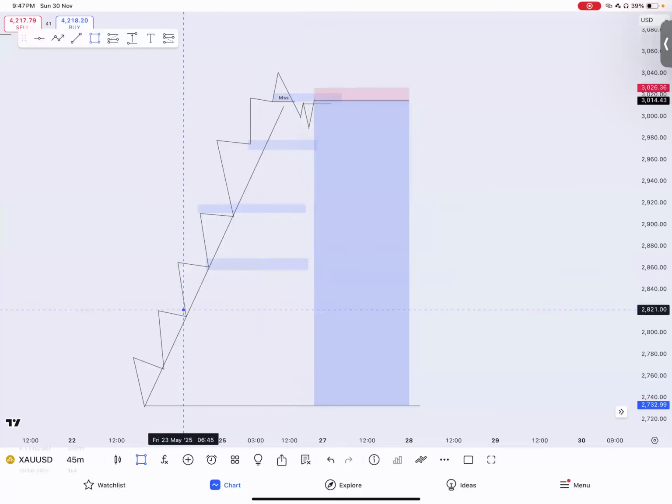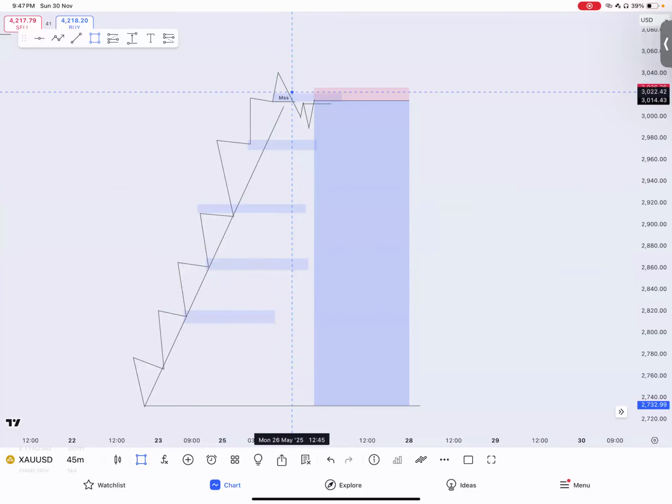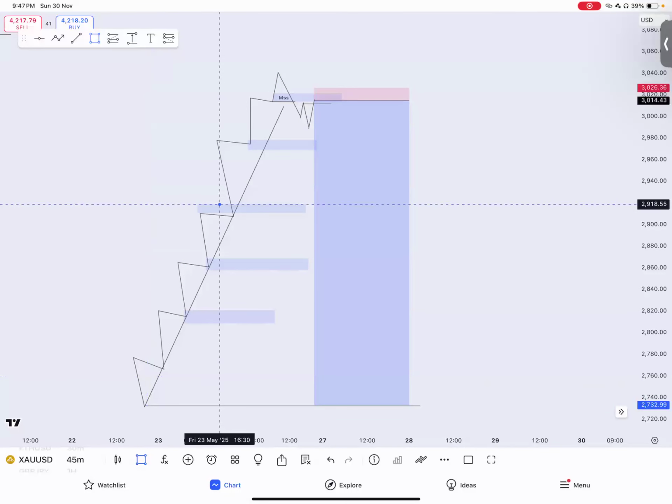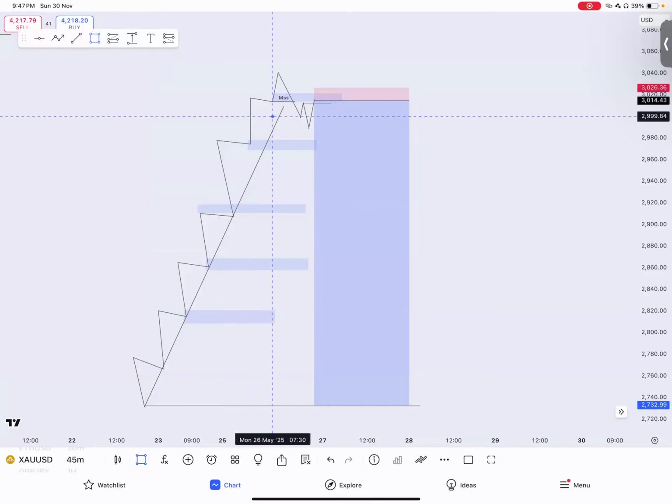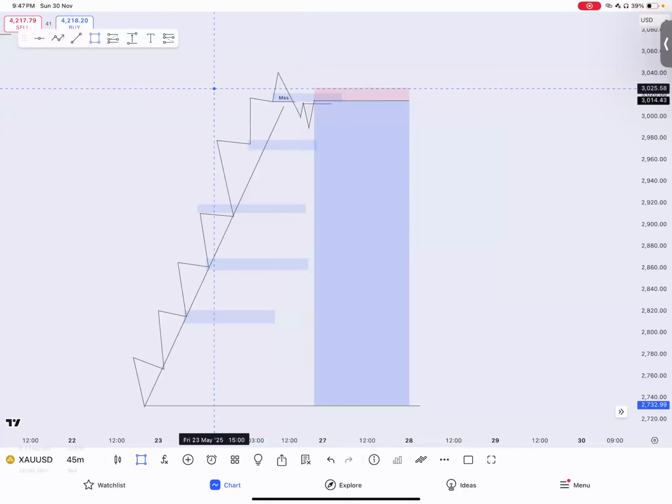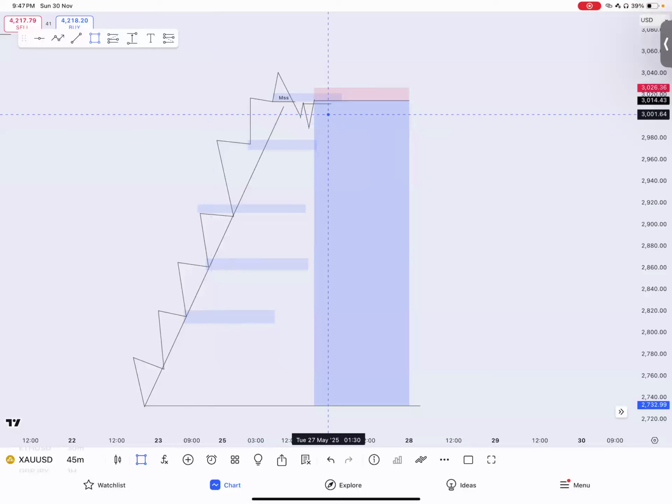Now, the mistake that most people make is that, yes, they see the market has been on a particular trend for a long period of time. Yes, the POIs would have held, but the market already gave a structure shift telling you that the market is about to change directions to the opposite side. What that means is that the market is going to become bearish until it clears the nearest draw on liquidity.